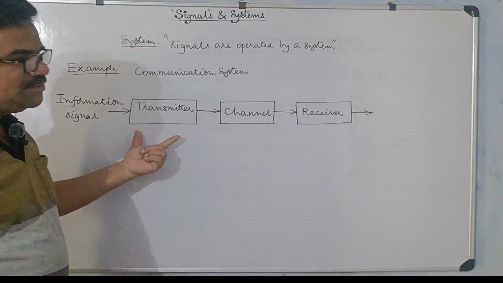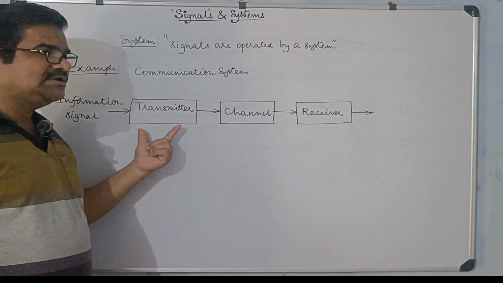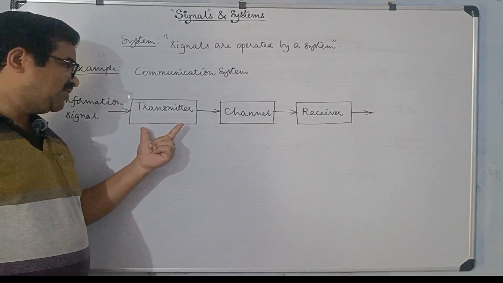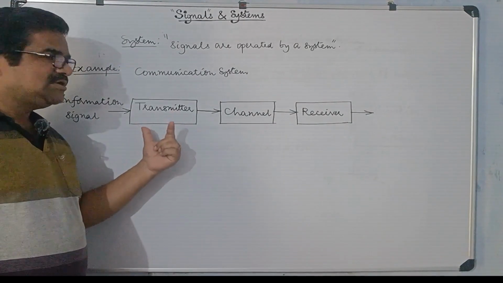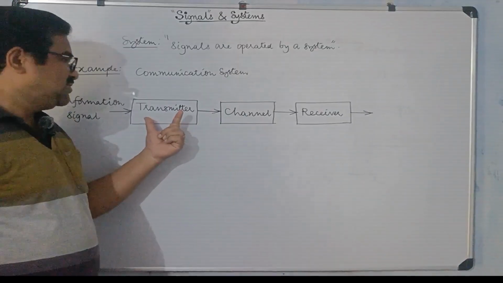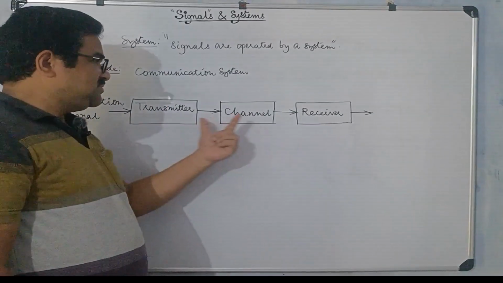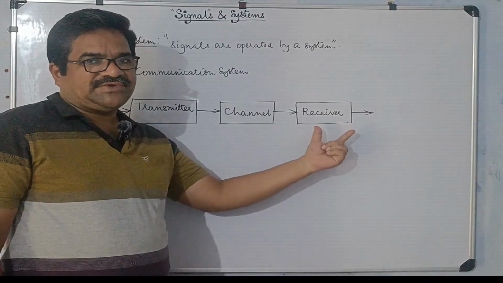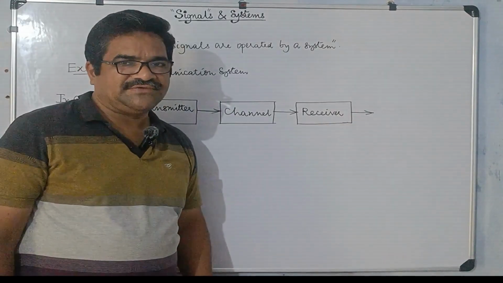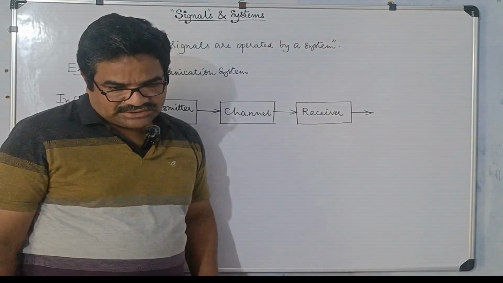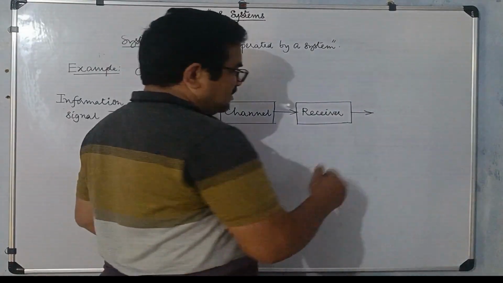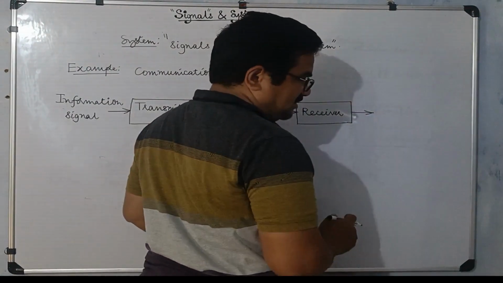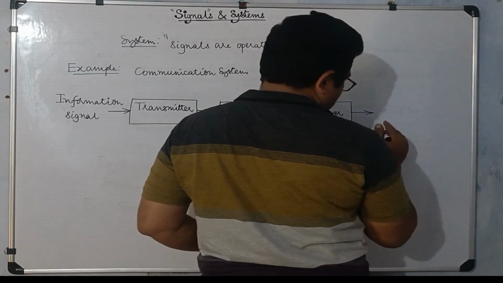Here we call it modulating, converting my signal into some electromagnetic wave, or modulating my electromagnetic wave, which is also known as the carrier wave. That is what is modulating. So it is being demodulated at the receiver and converted to some useful information. Finally my signal is coming out of the communication system.